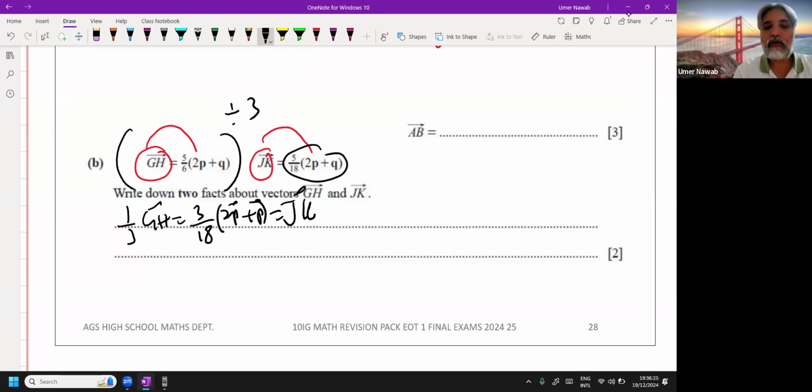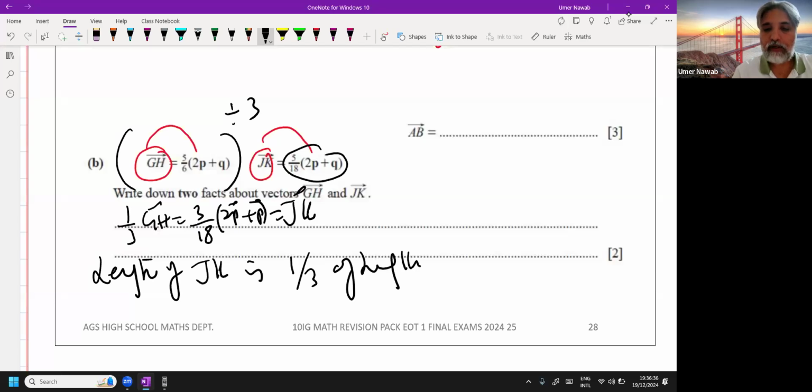So the length of JK is 1/3 of the length of GH, and another thing is GH is parallel to JK.